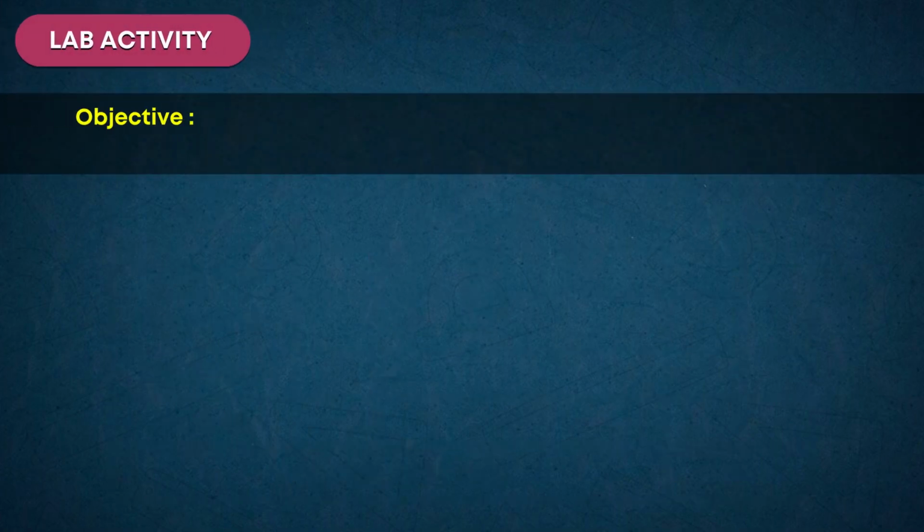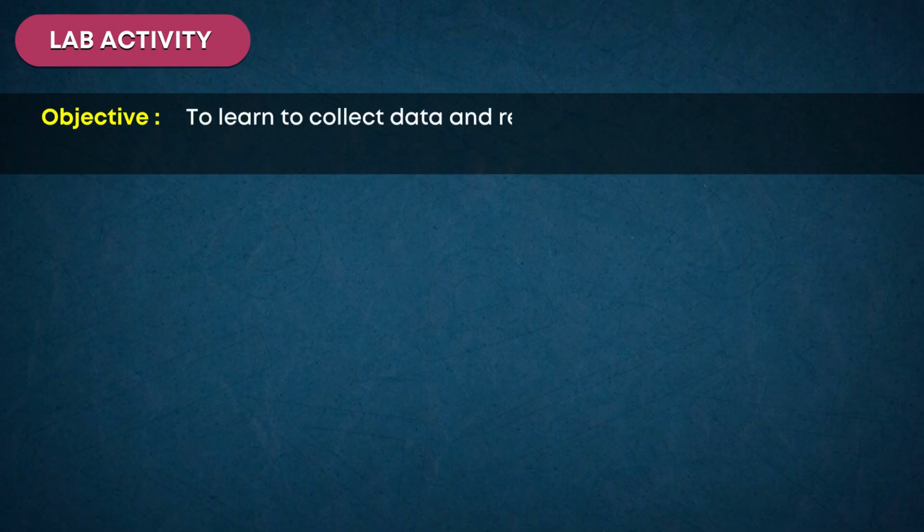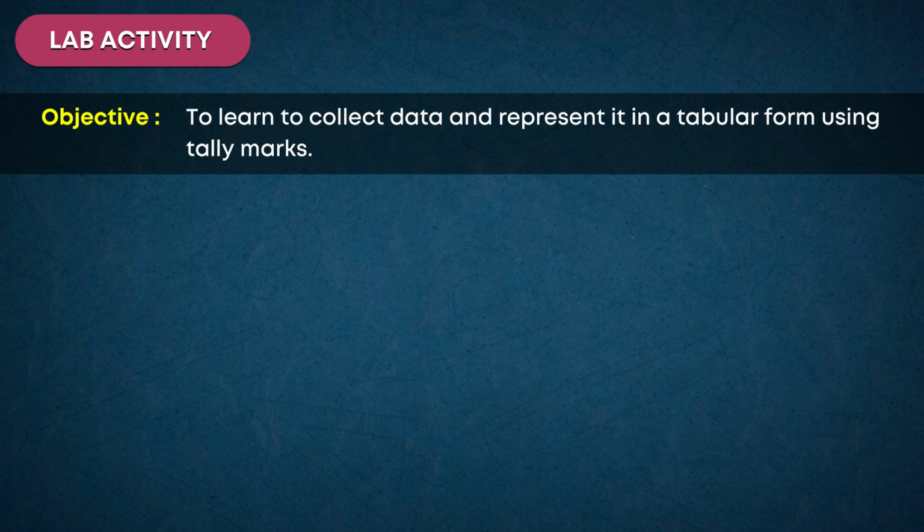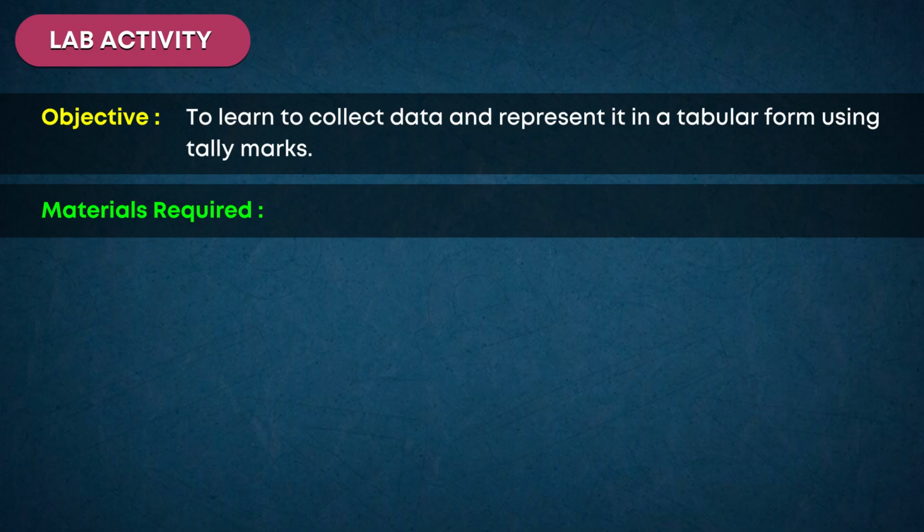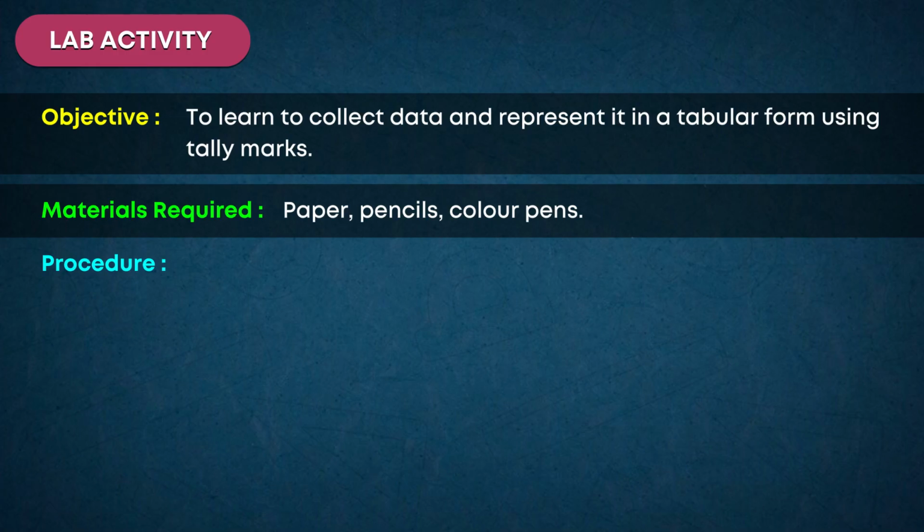Lab activity. Objective. To learn to collect data and represent it in a tabular form using tally marks. Materials required: paper, pencils, color pens. Procedure. 1. Make groups of 4 students.